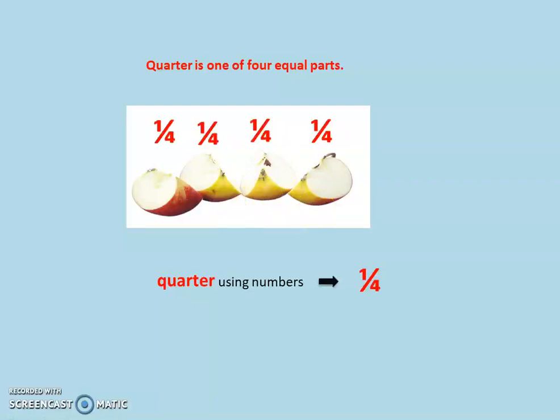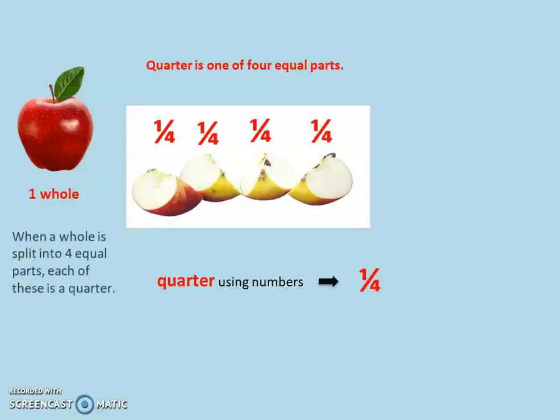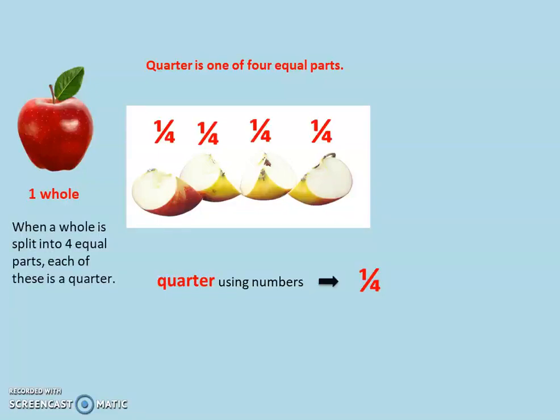If we use quarter in numbers, you can see there 1/4. Now if we combine the 4 quarters, it is called 1 whole.